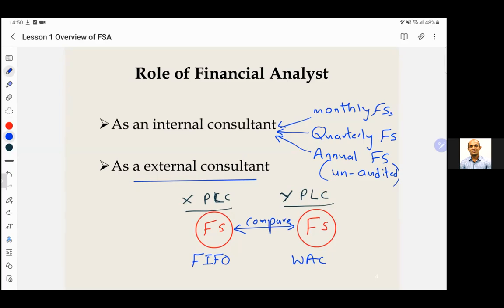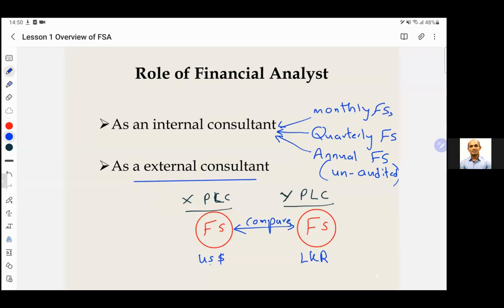Now, for example, let's say XPLC has prepared financial statements in US dollars. YPLC has prepared financial statements in Sri Lankan rupees. Can you compare two companies?